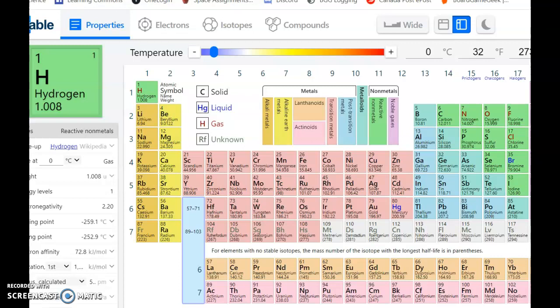If you round it too much, let's say magnesium to 24, it gets too rounded and will impact your final answer when we're doing more calculations using that number.